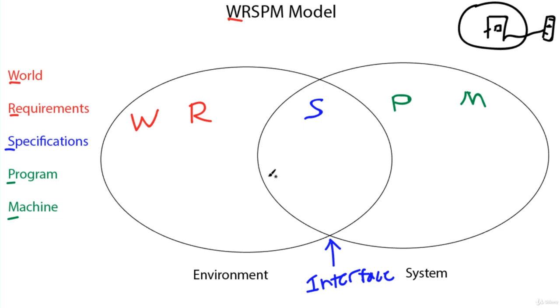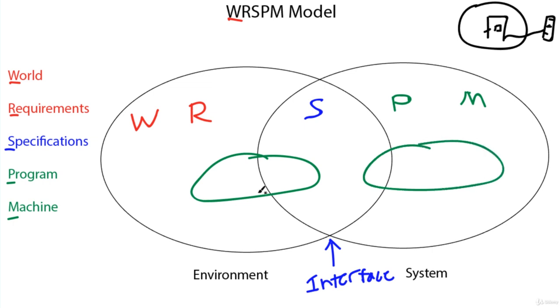Now, there's also another little category in here. And we create these other little circles like so. What we have with this is something called EH, EV, SV, SH. What these mean is environment hidden, environment visible, system visible, and system hidden.